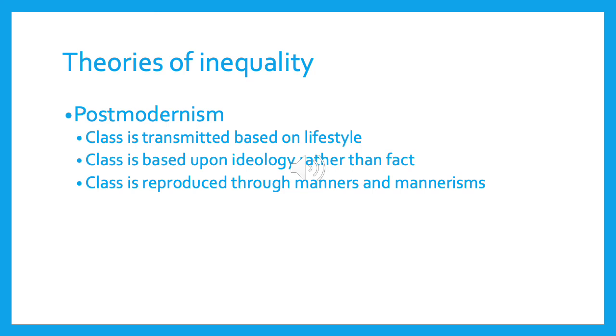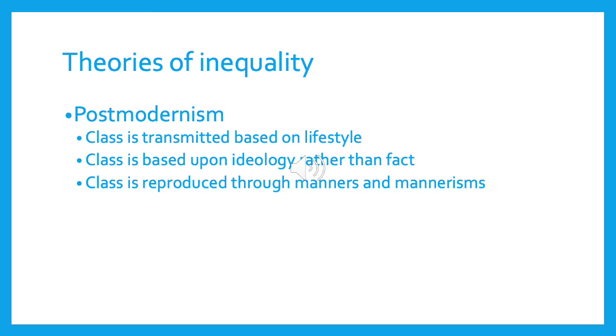Perhaps my lifestyle includes having a house and a lake house. Perhaps my lifestyle includes eating cheese and grapes for lunch every day. These are elements that are very classed, right? They're behaviors that have class associations with them.